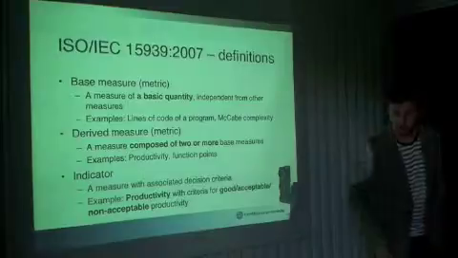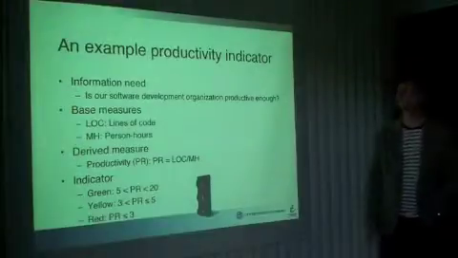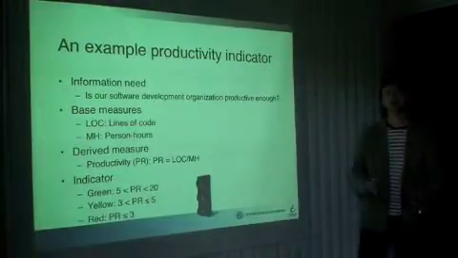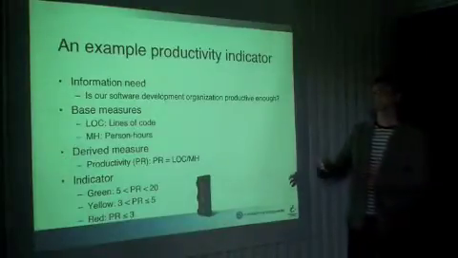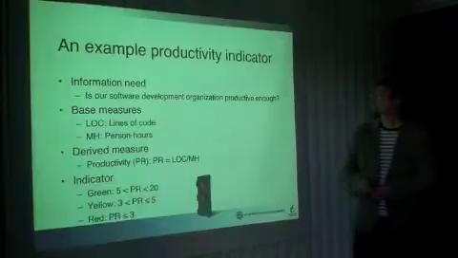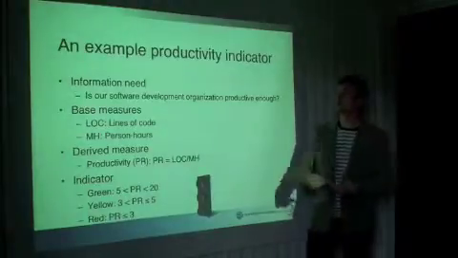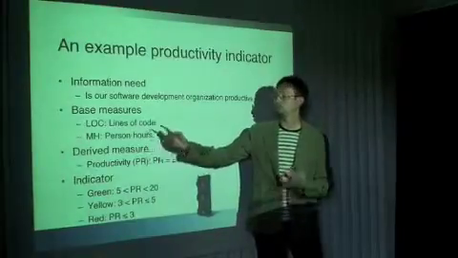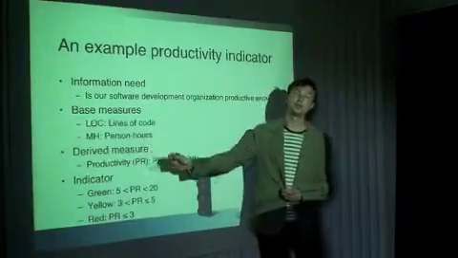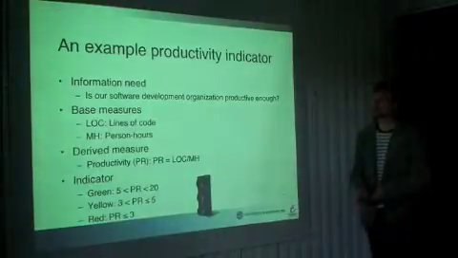And now let's look a bit more into the example of productivity. Let us assume that in our organization we would like to monitor if our development organization is productive. So we have to define the base measures: the number of lines of code produced by a designer, by the organization, and the number of person hours that is spent to produce those lines of code.